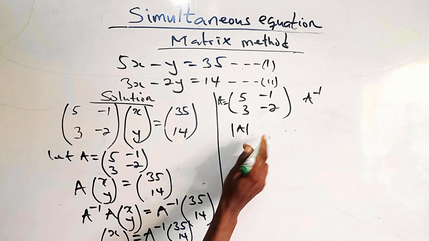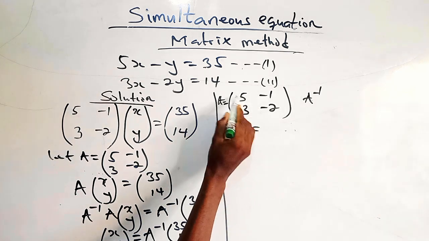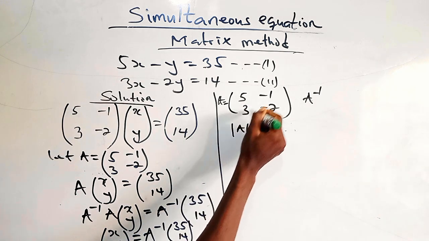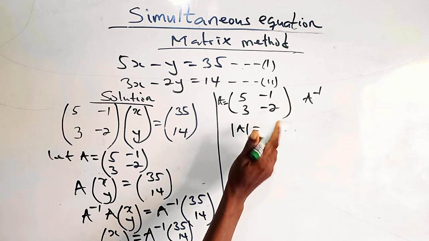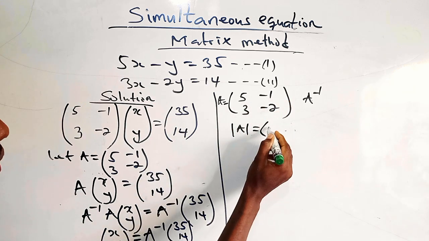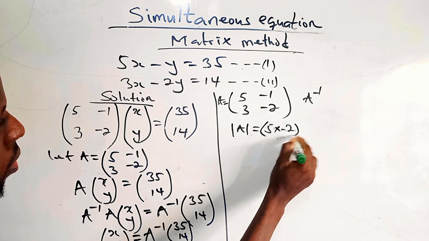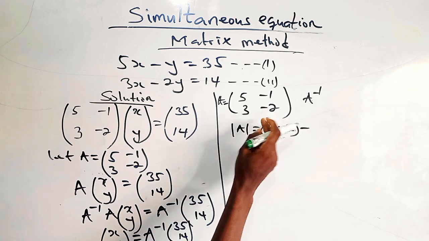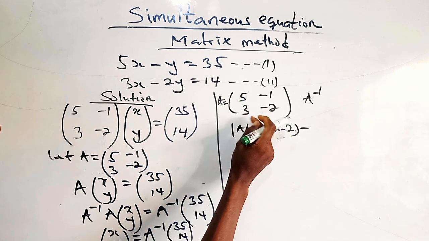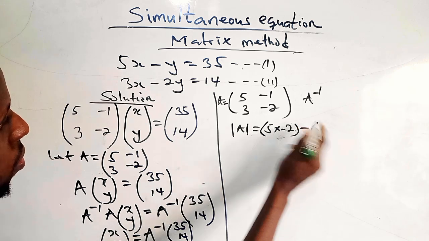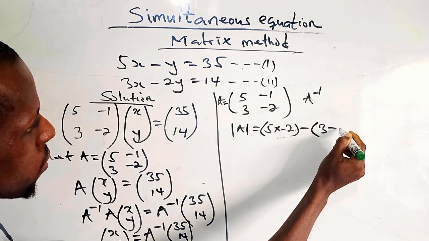So the determinant of A means just multiply this and subtract the result. Here we have 5 times minus 2, minus 3 times minus 1.